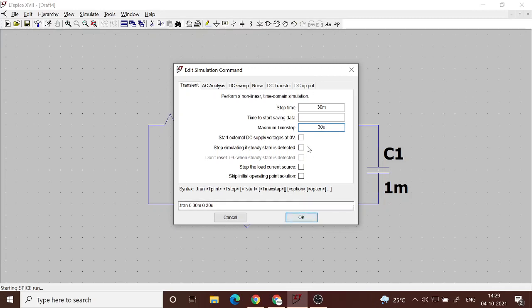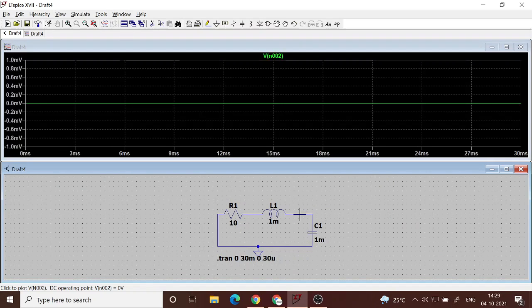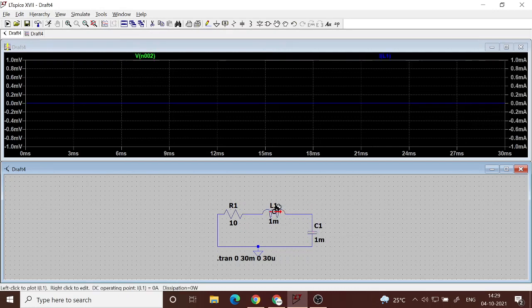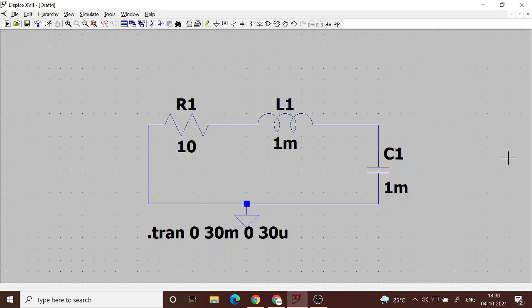Whatever the end value I give, I take 1,000th of that, so that I will have 1000 points for the simulation. Okay, so now let me plot the voltages and current. For 0 to 30 millisecond, it is plotting the voltage across the capacitor as 0, and the current through the inductor is also 0. That is what we expected, because we have not given any initial conditions.